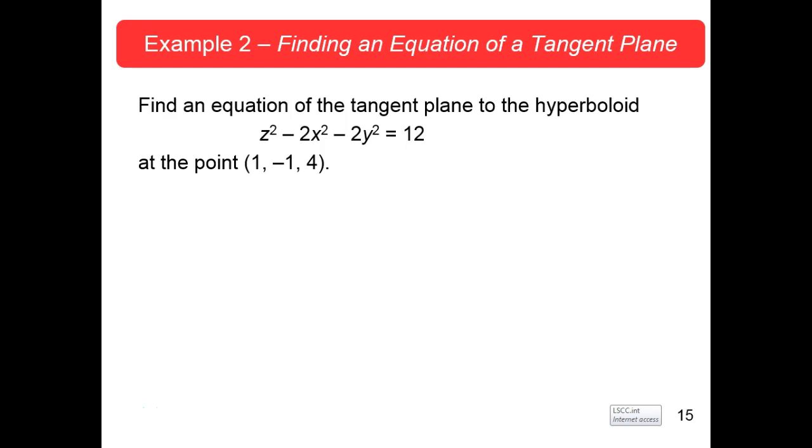You plug in 1 for x, that's going to be a 2. -1 for y, that's another 2, so that's going to be -4. 4 for z, that would be 16 minus 4, sure enough, is 12. So that point is on that hyperboloid. Now, we've confirmed it is a hyperboloid and the point is on it. Now we need an equation for the tangent plane to the hyperboloid.